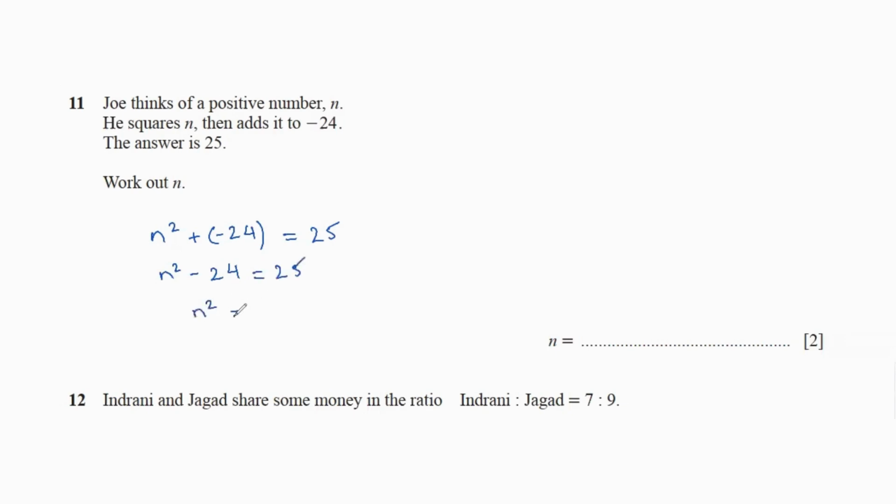Move the 24 to the other side, so it becomes 25 plus 24, which is going to be 49. And then we take the square root of 49, and that's going to give us plus minus 7. Always remember, when you square root a number, you get a positive and a negative answer. But in our case, since they have specified that Joe is thinking of a positive number, our answer is just going to be positive 7.